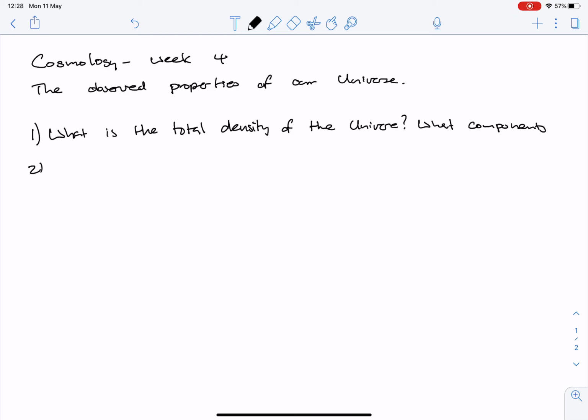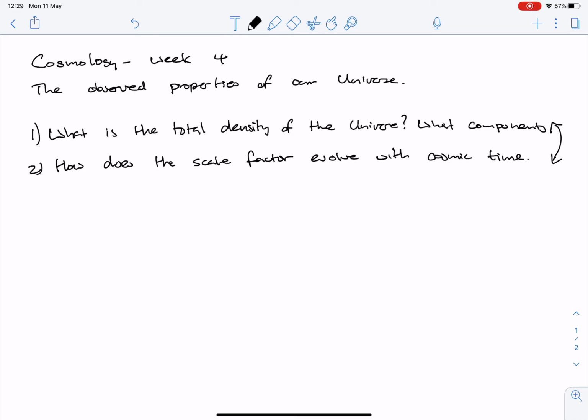And the second question we're going to ask is, how does the scale factor evolve with cosmic time? And if you think back to the last lecture, you should know how interlinked these two questions are.